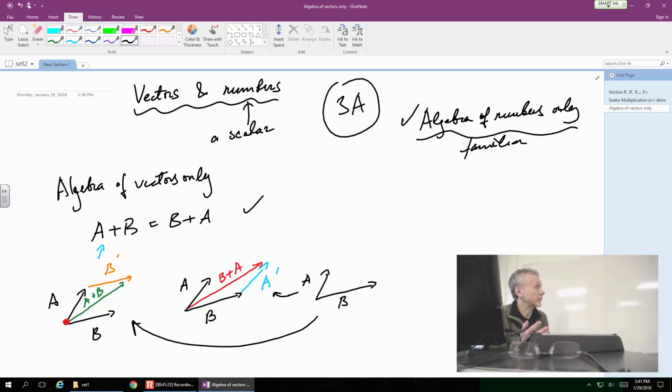It doesn't entirely look the same, right? So what are we talking about? There are two pictures, and they're supposed to present the same thing. The green one and the red one are supposed to be the same thing. So why is it the same thing? Whichever order you do it, you're traveling the same distance in the same direction, so you're heading to the same spot.